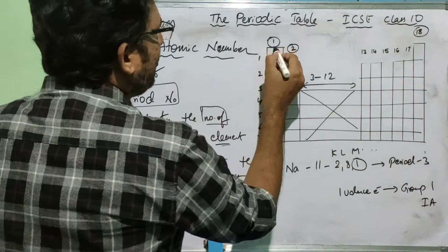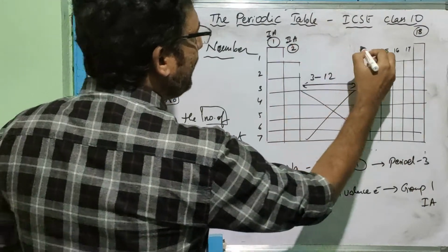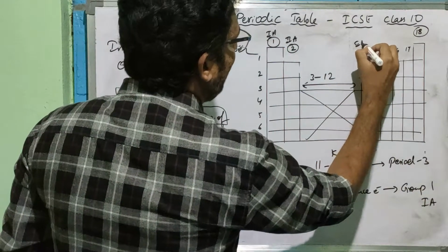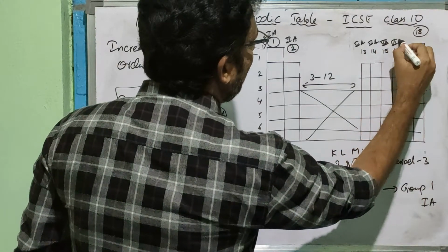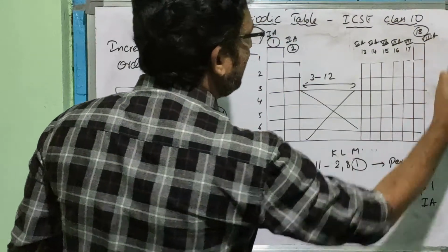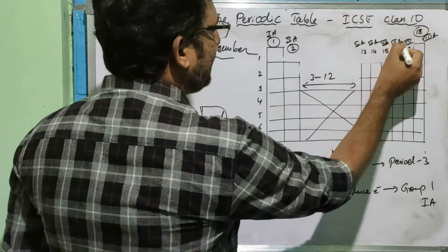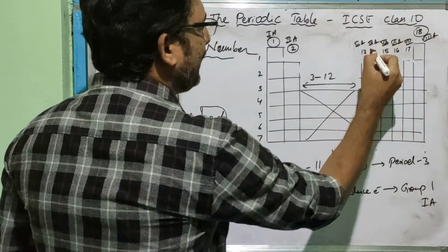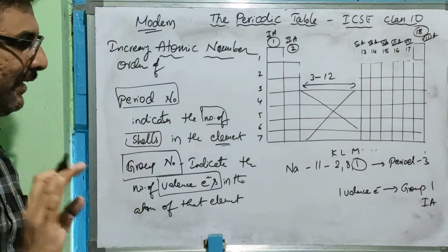Here the group 1 is also called 1A and this is 2A. Similarly, this will be 3A, 4A, 5A, 6A, 7A, and this is 8A. So here this 1, 2, 3, 4, 5, 6, 7 will represent the number of valence electrons present in that element.